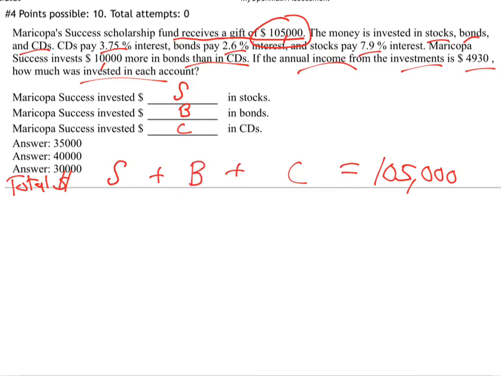The second one is going to be about the interest. So that's going to be the interest percent. The stocks pay 7.9%, so change that to a decimal, 0.079s.